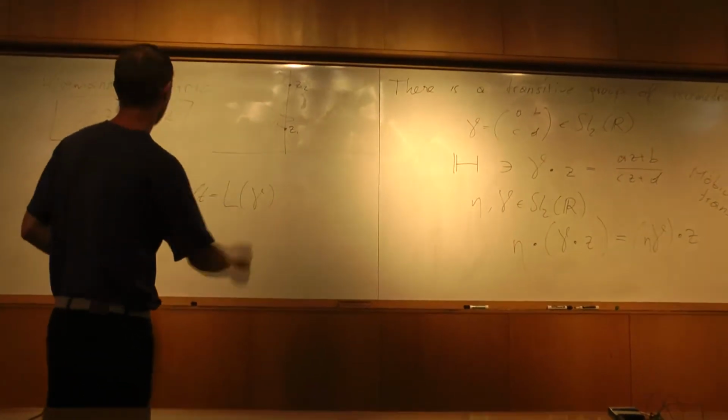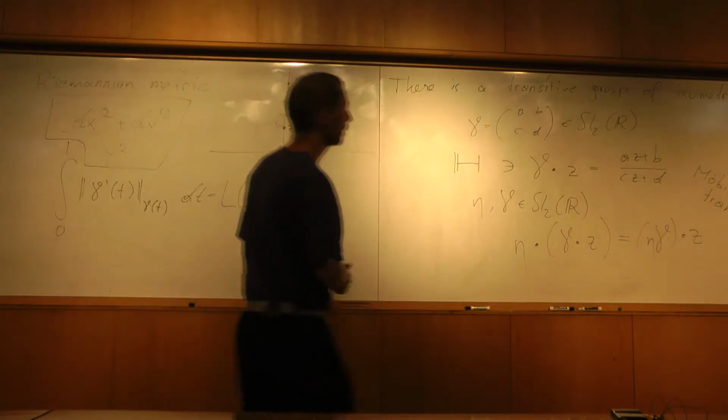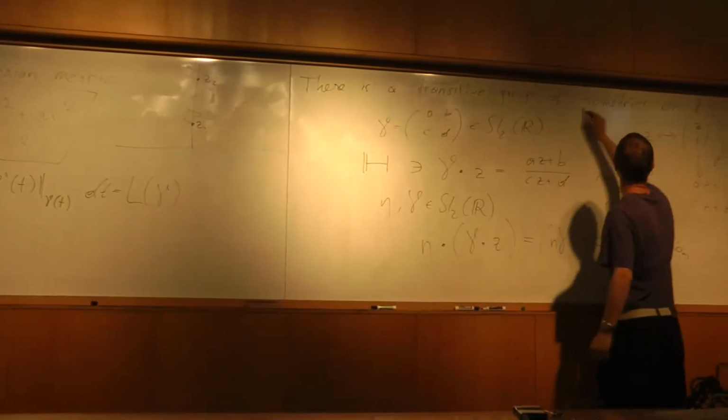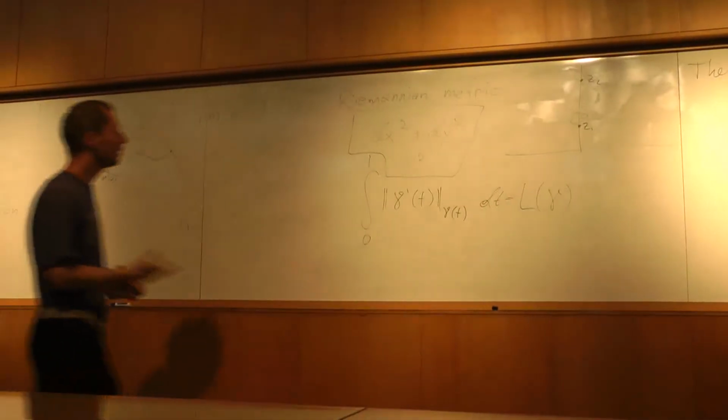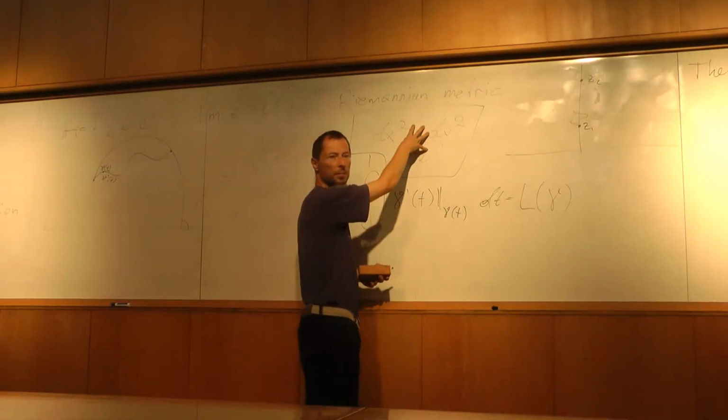The second fact that is crucial is that it really gives you isometries. And for this, you need to work, of course, with our definition, with our Riemannian metric.